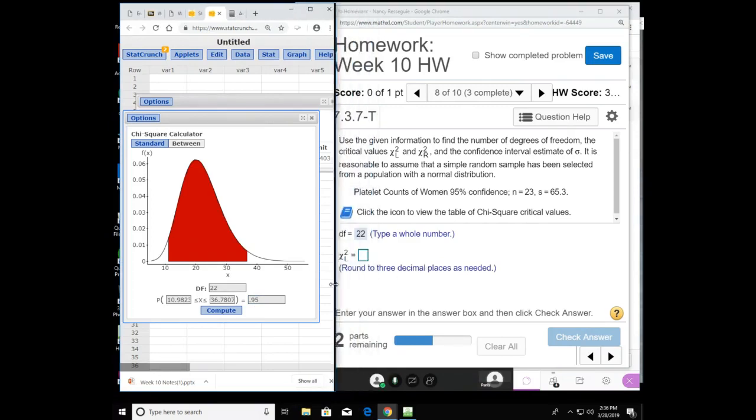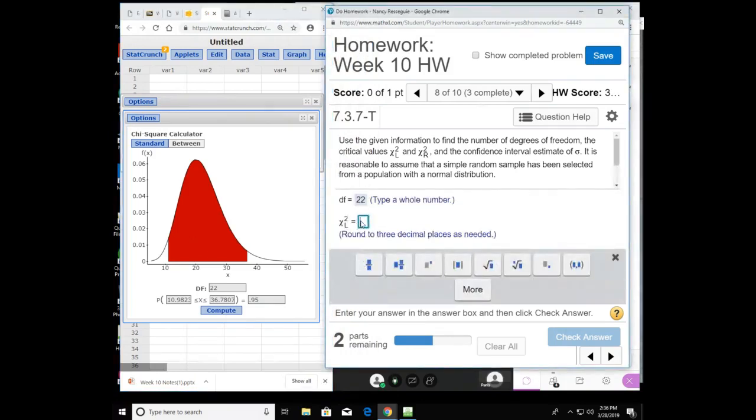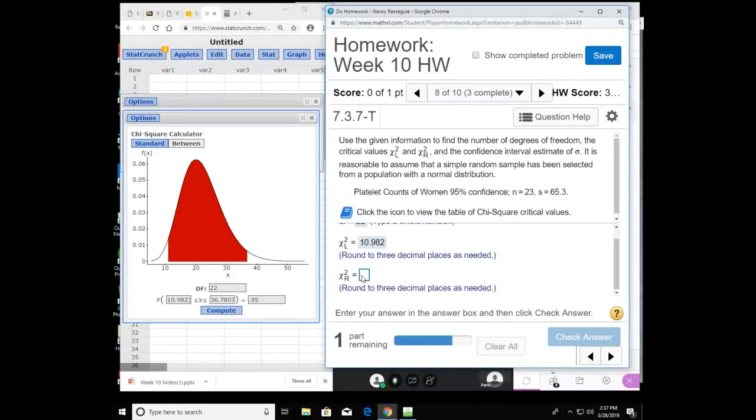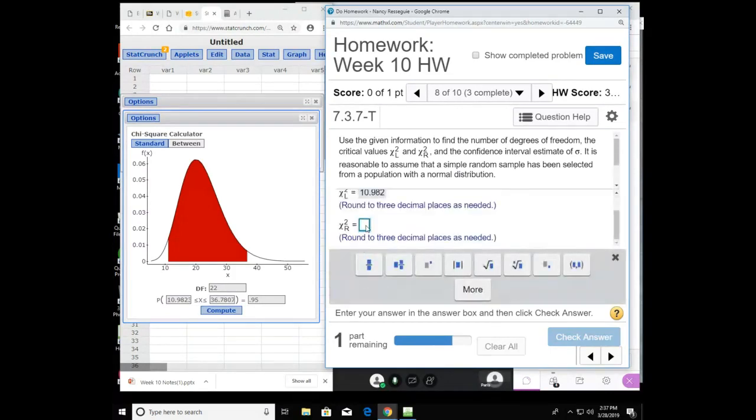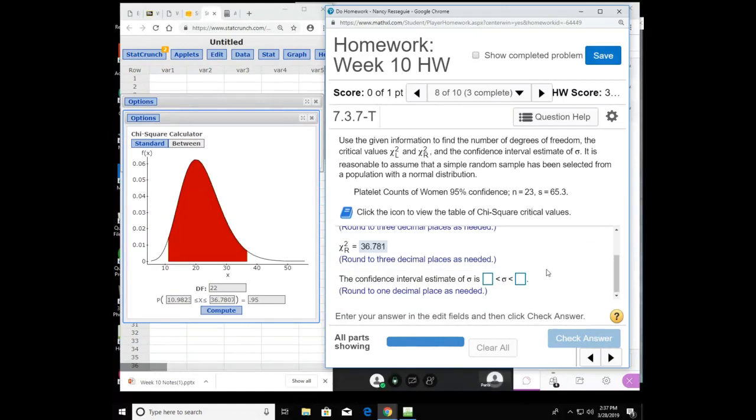Okay. So that gave me my 2 values. Hopefully the one with the little L should be the one on the left, so it should be the smaller one. And then the one on the right is the bigger one. Okay, and then last of all, they want the actual confidence interval. So for this, you can use StatCrunch also.